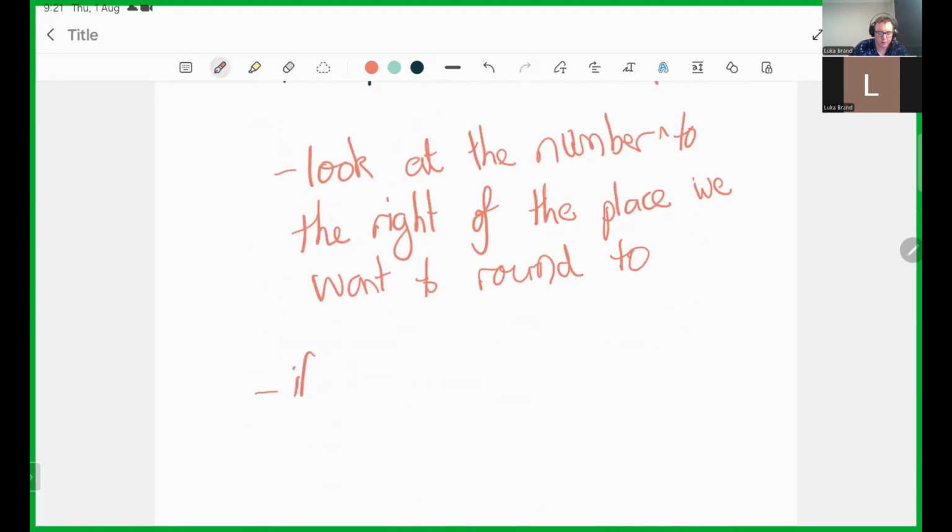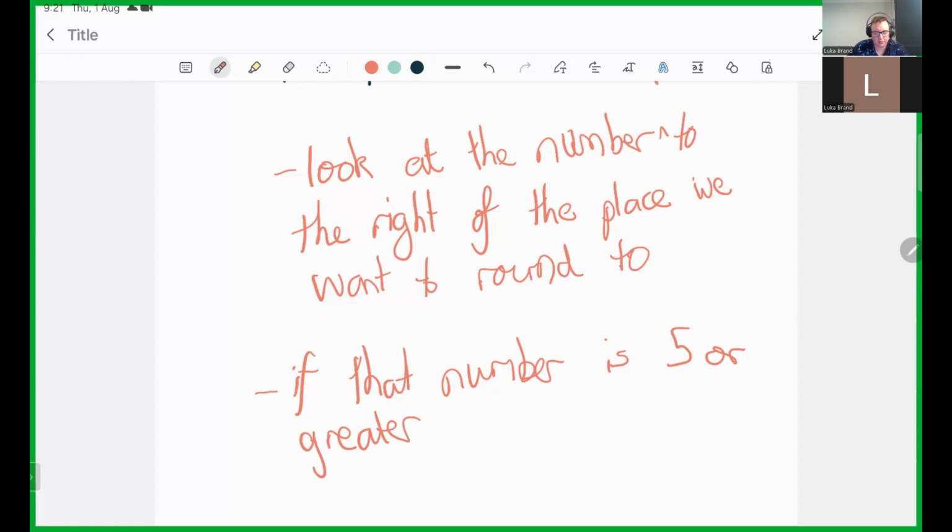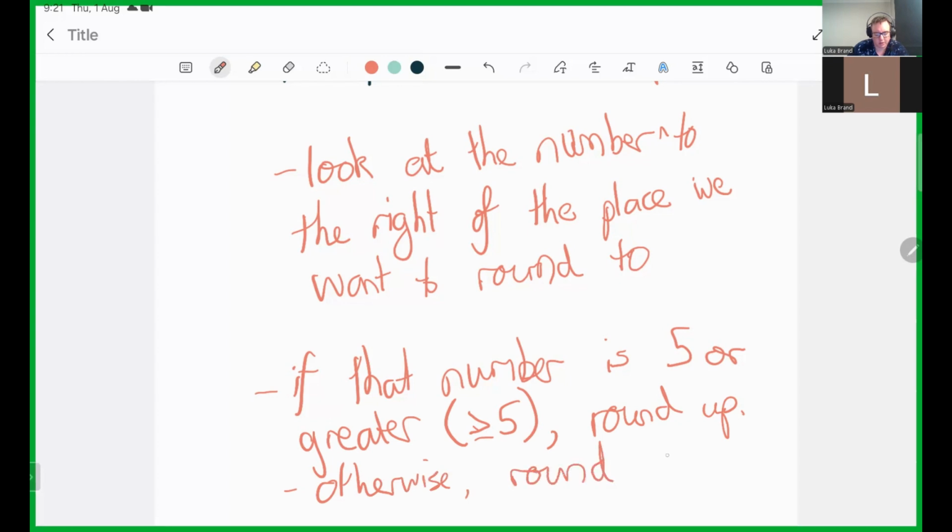Then, if that number is 5 or greater, now if I wanted to write that in mathematical terms, greater than or equal to 5, round up. Otherwise, round down.